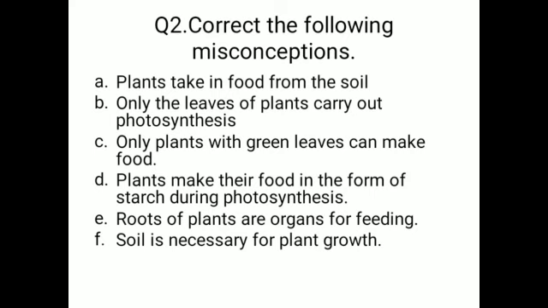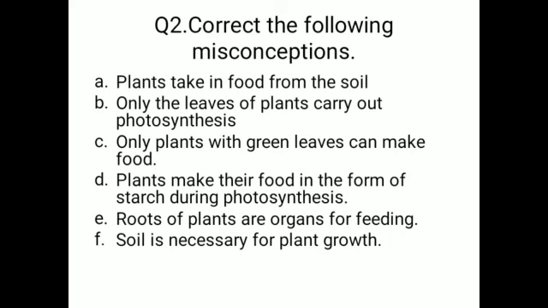Part C. Only plants with green leaves can make food. Plants with non-green leaves can make food too, as long as chlorophyll is present. Part D. Plants make food in the form of starch during photosynthesis.